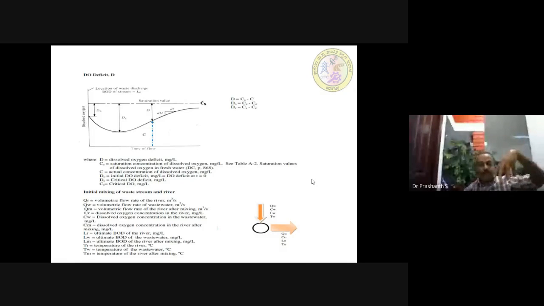So wastewater is also there, river is also moving in this direction. You are going to mix up. You have to mix ಆದ್ಮೇಲೆ you get something else that is called mix. Okay, that is why ಎಲ್ಲಾನು represent ಮಾಡಿರೋದು M ಅಲ್ಲಿ.